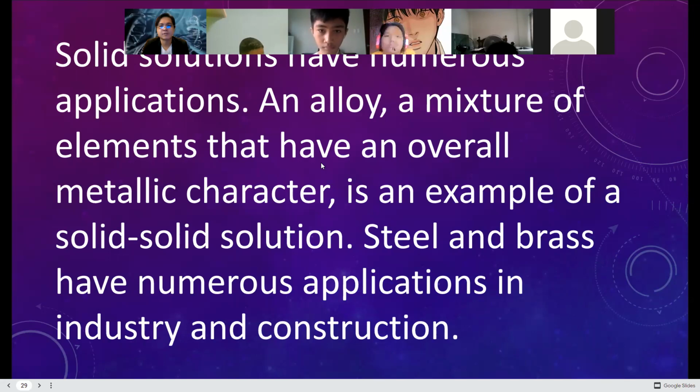Steel and brass, those are solid-solid. We have numerous applications in industry and construction. Steel and brass, they usually use this in your cabling. It is made of steel and brass. What else? In your wires, these are steel and brass.